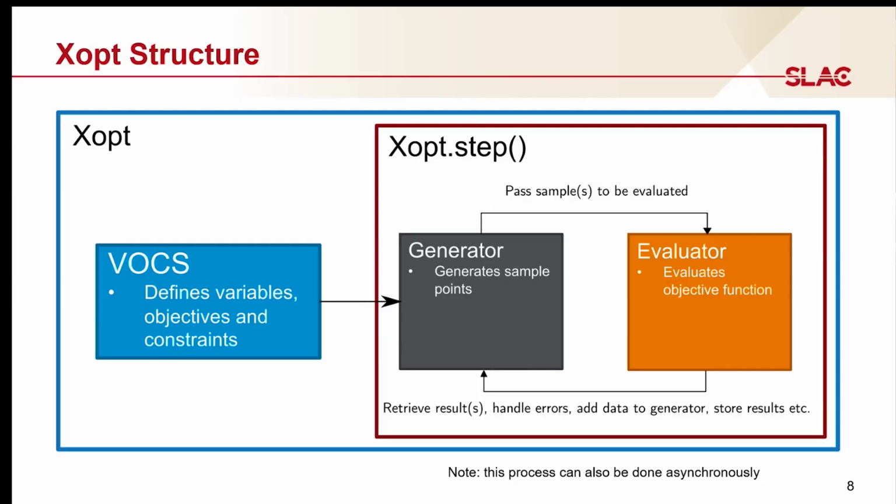For ease of use, we have an xopt.step method, which does a single optimization loop: a generator generates a point that is evaluated by the evaluator, and the evaluator returns the information from the evaluation. This is a very basic sequential example. More complicated orchestration is possible via the Xopt asynchronous package, which allows asynchronous generation and evaluation of points.